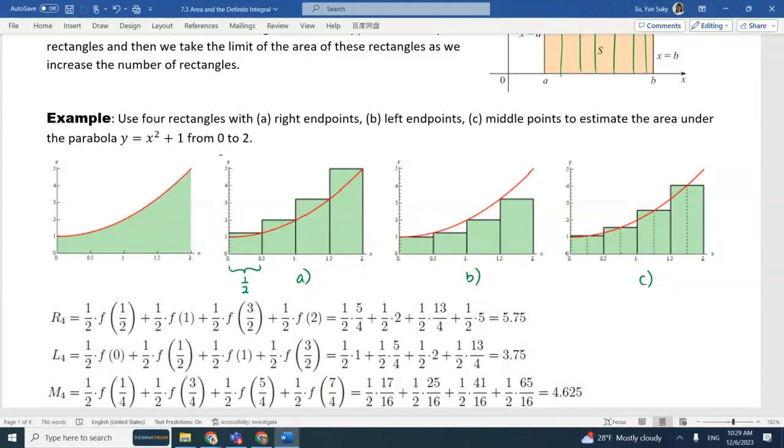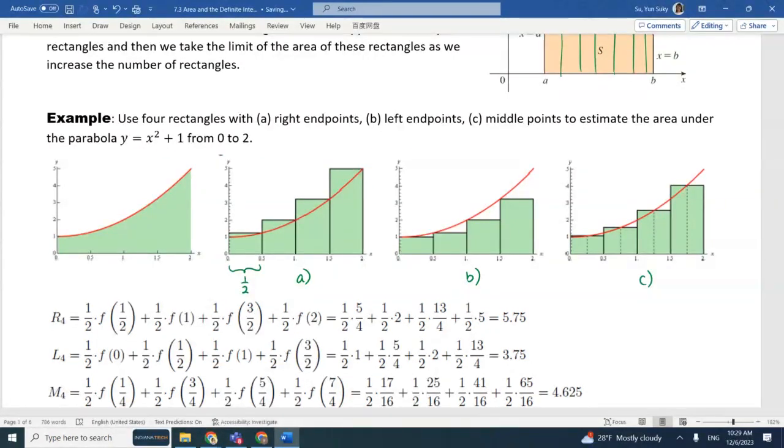Yeah, f of 5/4. The last one, f of 7/4. Yeah, and the numbers are more complicated, so you plug in your calculator, and then you get 4.629. And you can see this better approximates the actual area. So far, so good, everybody?